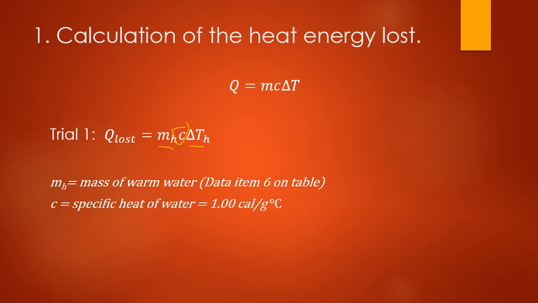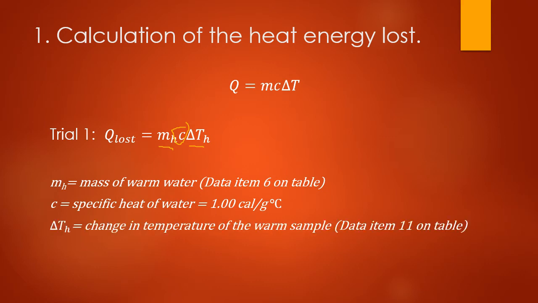The c value, since it's water, is 1 calorie per gram degrees Celsius, just like we saw in that table of specific heats. To figure out the delta T, you're using the change in temperature of the warm sample that we calculated. That is data item number 11 on your table.